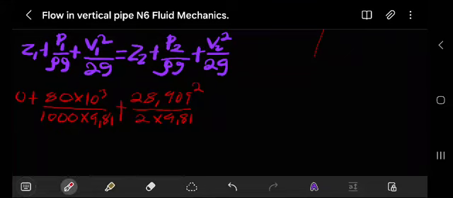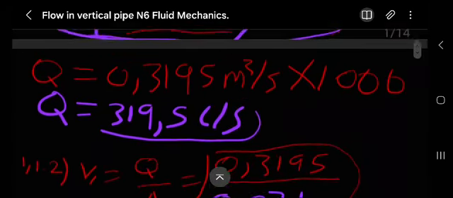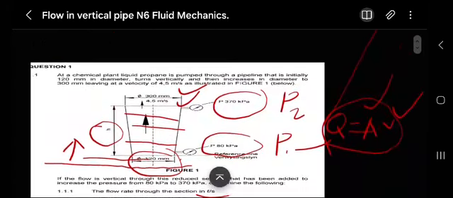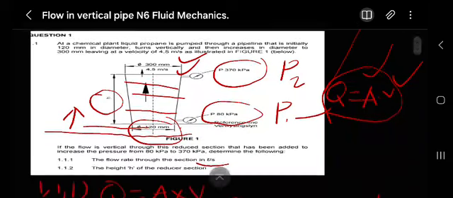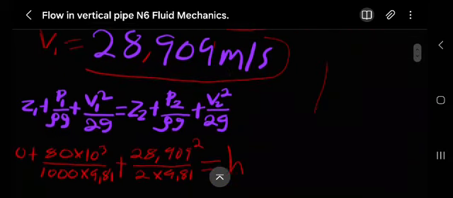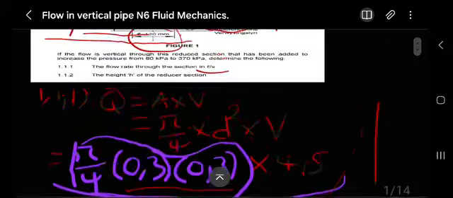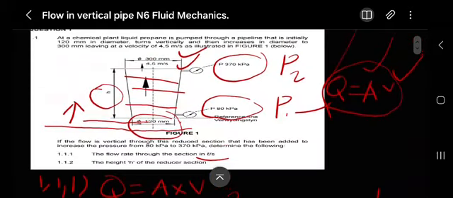This must be equal to Z2, which is h. Let me check that h is written here, right? Then pressure 2 is 370.